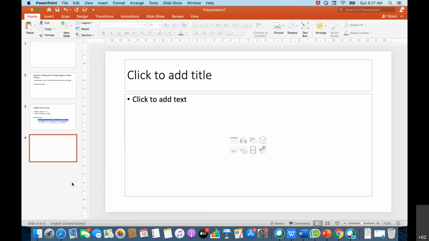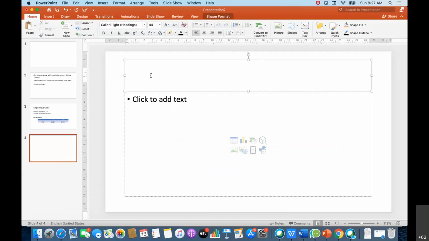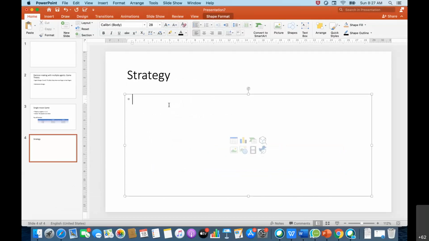Now there comes the strategy, that is, policy in game theory. We often call it strategy.